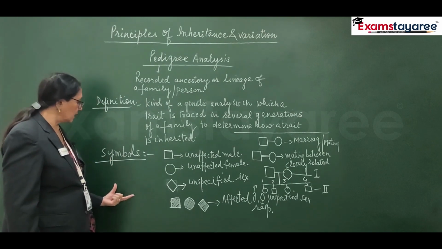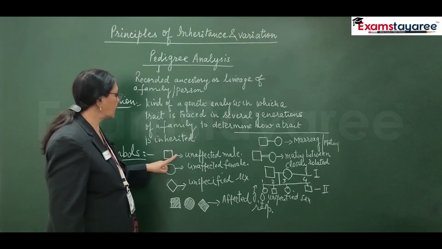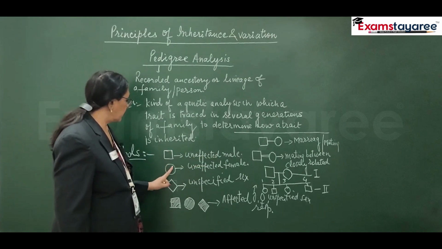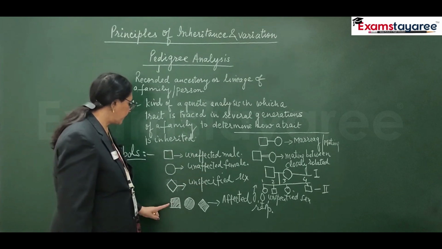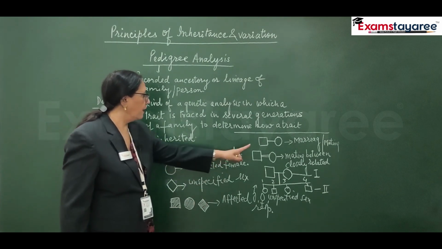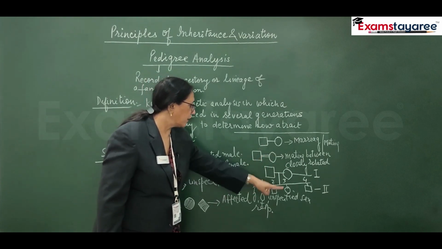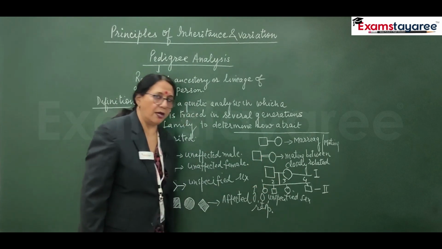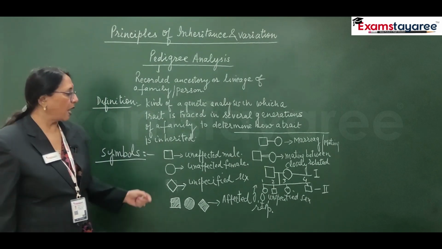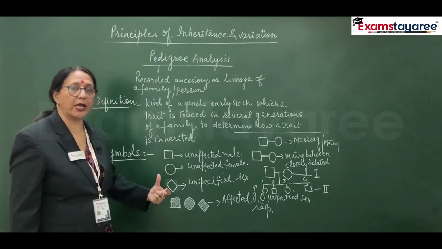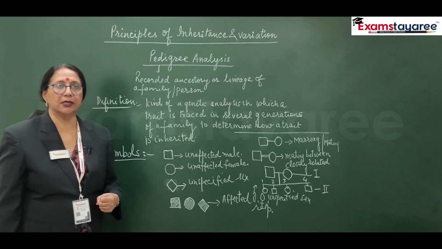So these are the symbols: circle is unaffected female, square is unaffected male, unspecified sex, affected, marriage, mating between closely related, then generations, and then numbers of the offspring. So let us see what the rules are and how many categories of pedigree analysis there are.